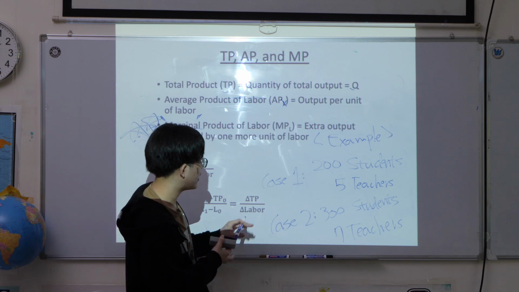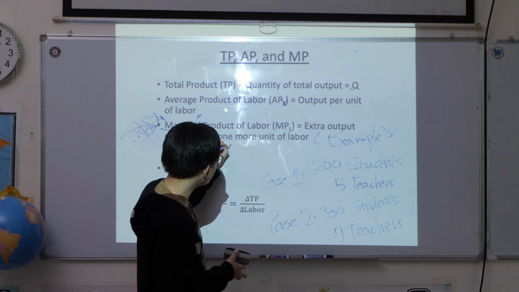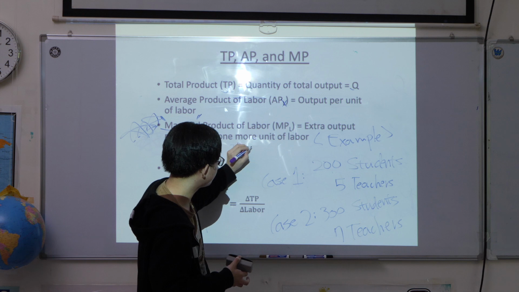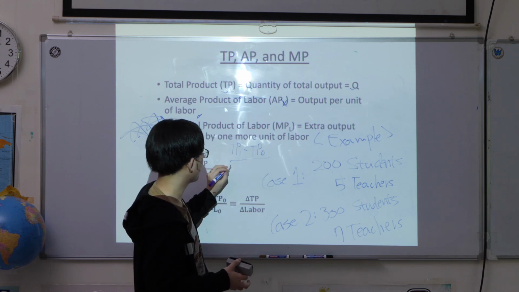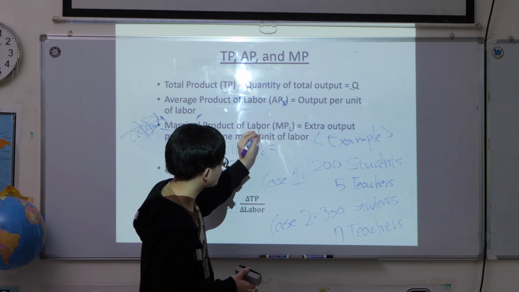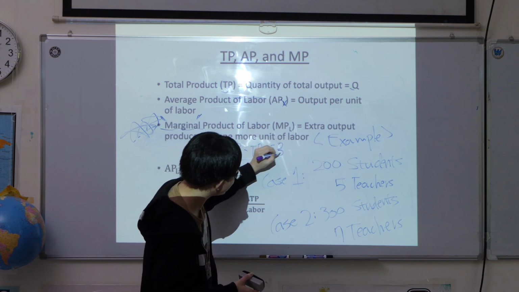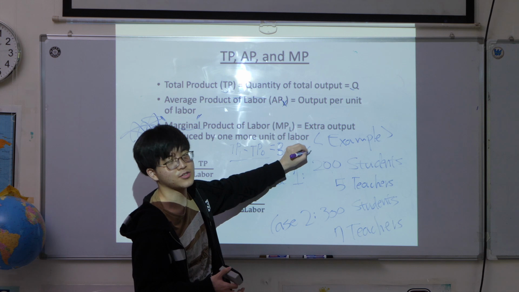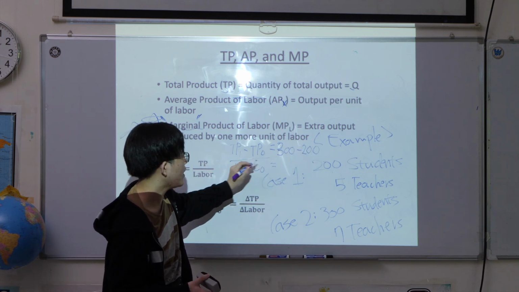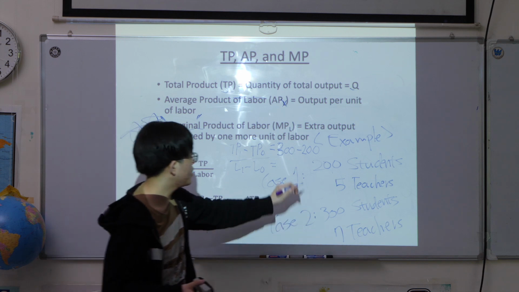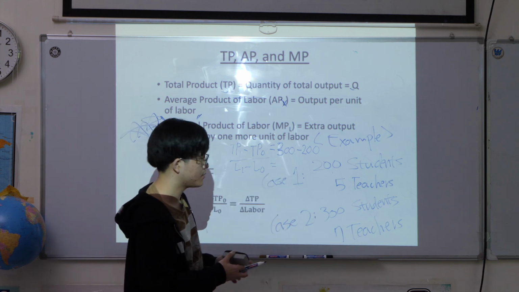If you find the difference in total product, or the difference in students, this is 300 minus 200, and for labor, we had 5 teachers before, but now we have 7 teachers.